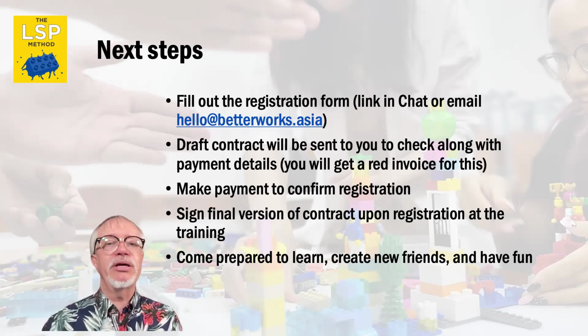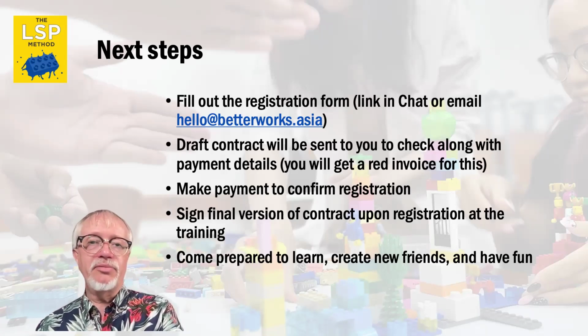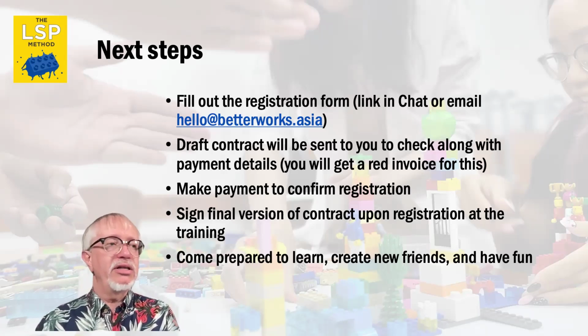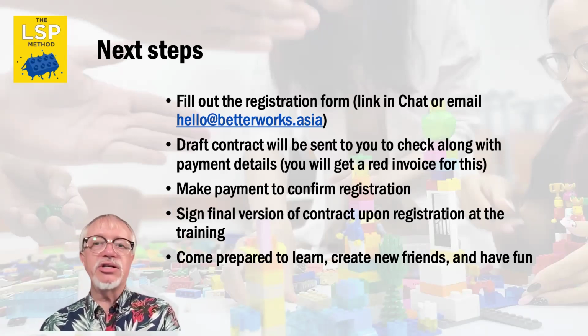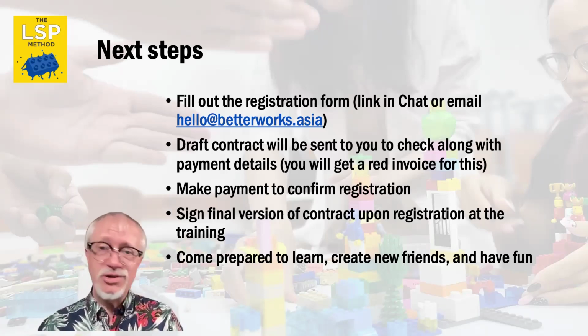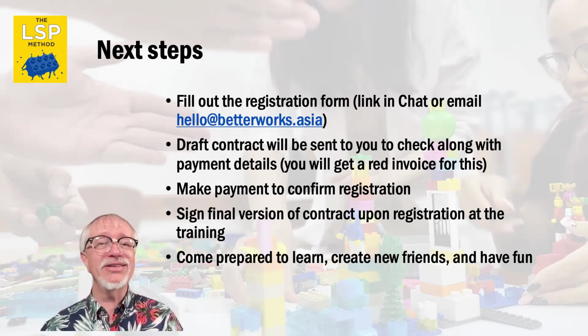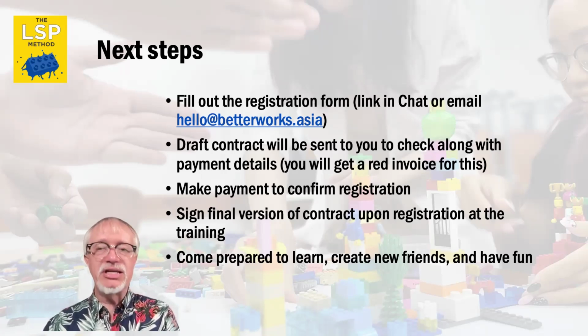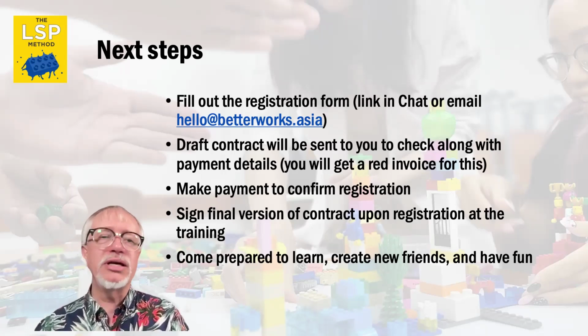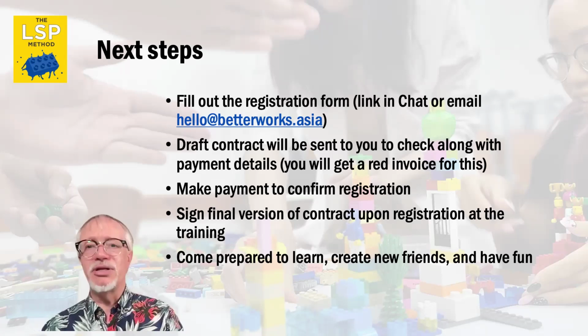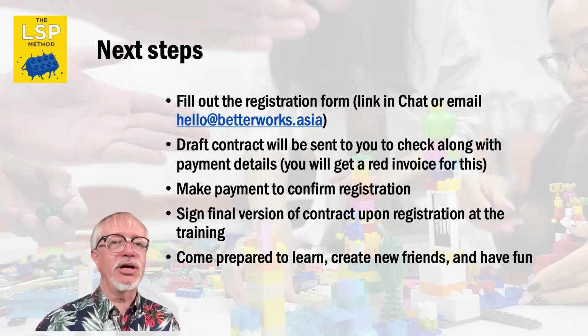And then the next step is that Tice or Ni from BetterWorks Asia will send out a draft contract for you, as we need to do a contract for something like this, for you to check in terms of business and having business details. That's when all that gets worked out, and the payment details, how you would actually pay for this.